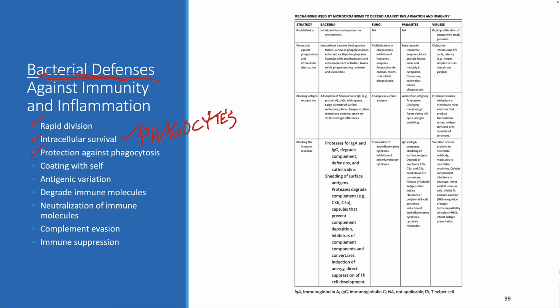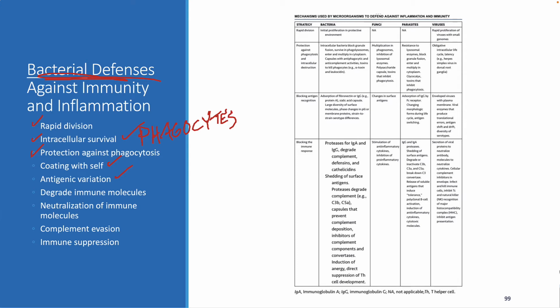They can coat themselves with antigens that are recognized as self by the body. They have antigenic variation. That means that they can switch and change inside the host.